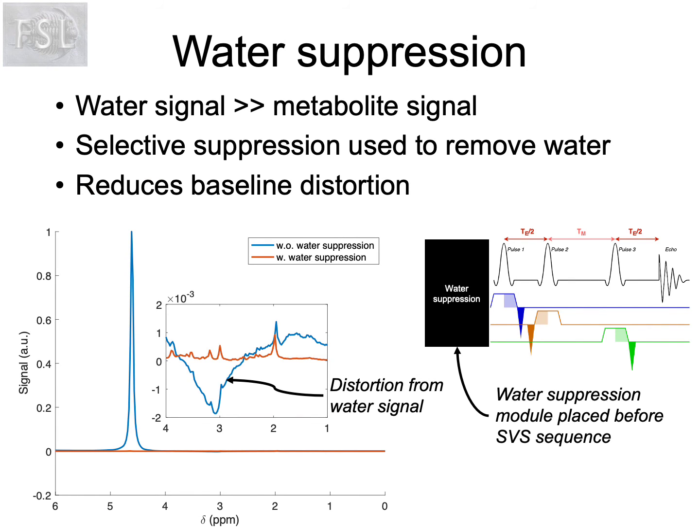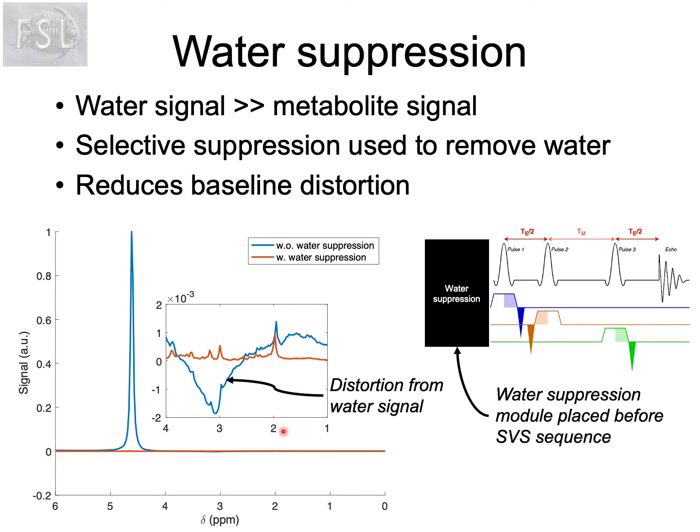MRS sequences must also contend with two additional challenges which otherwise will give rise to severe artifacts. The first is suppression of the dominating water signal. Several thousand times stronger than the signal from metabolites, the water signal, if not suppressed, will cause large baseline distortion to the spectrum. On the left, we see a figure which shows water suppressed and water unsuppressed signal from the same subject.